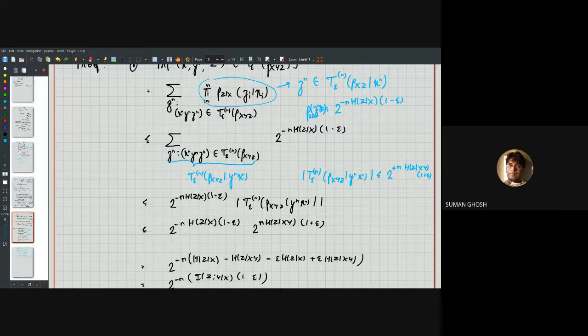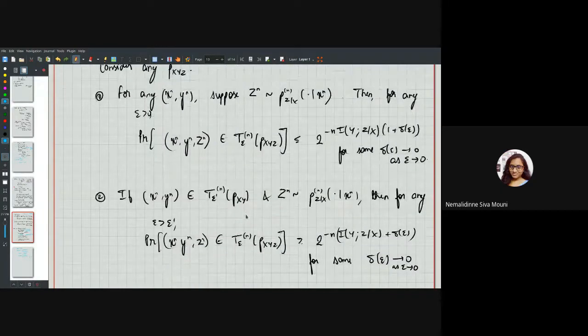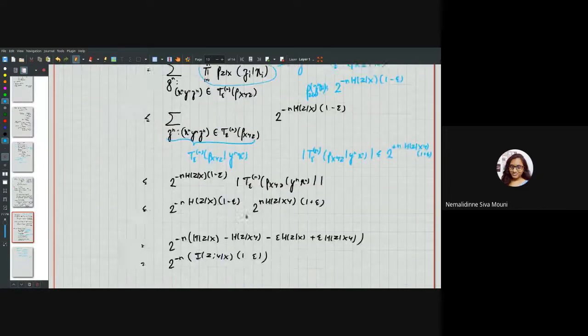Any other questions? In the two statements just before the proof, can you scroll up, sir? In the first one, it is 2 to the power minus n I of y given z given x, but here it is z, y given x.